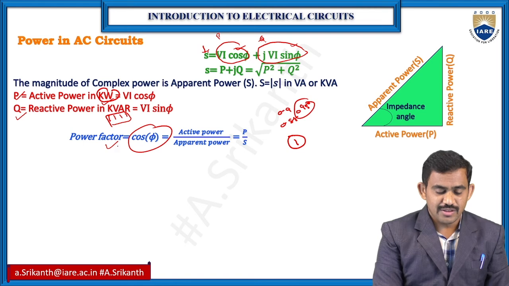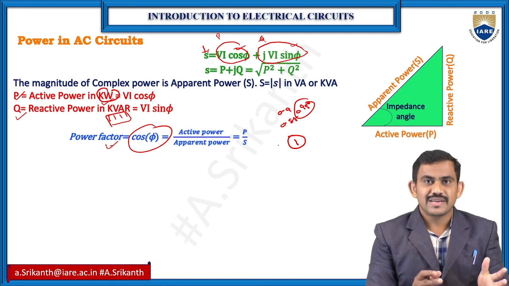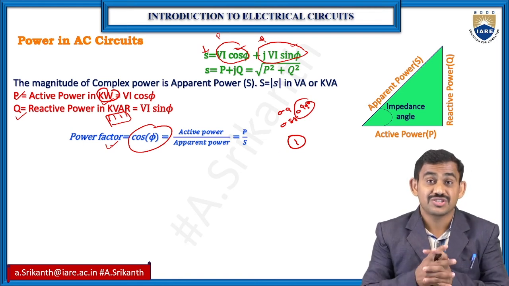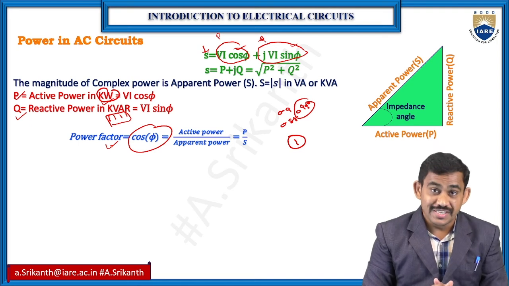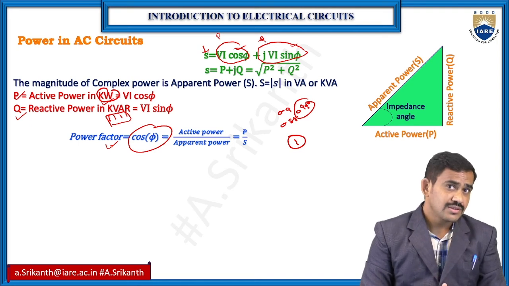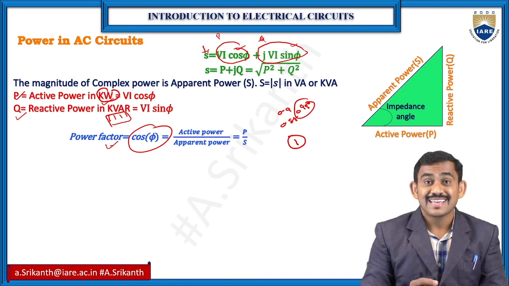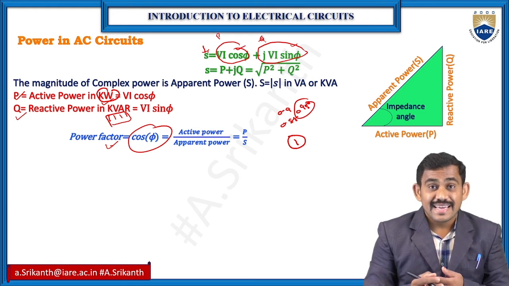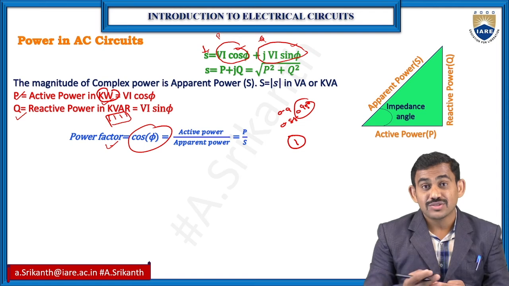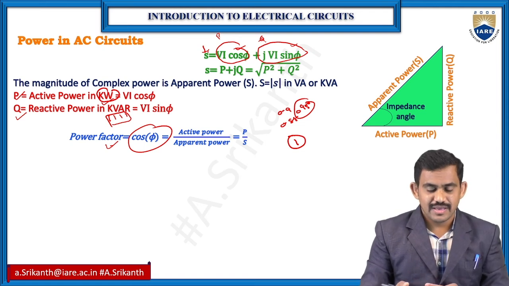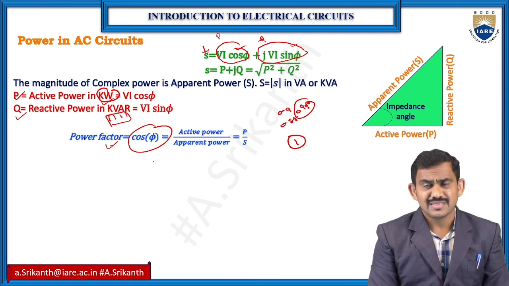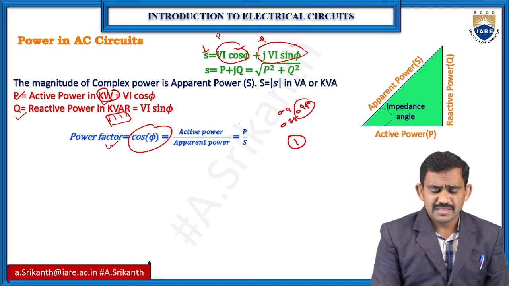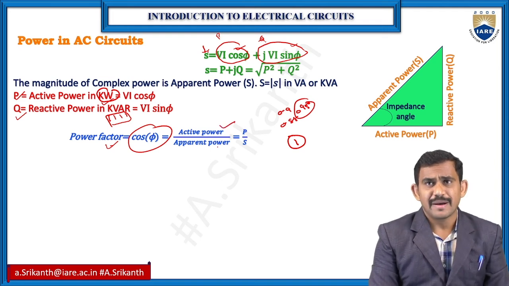If the power factor is 1, the equipment is a resistive load. So for a resistive load, the power factor is unity. For a capacitive load, the power factor is leading, and for an inductive load, it is lagging. The formula is active power divided by apparent power.